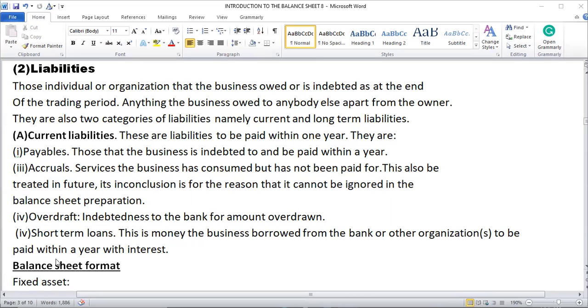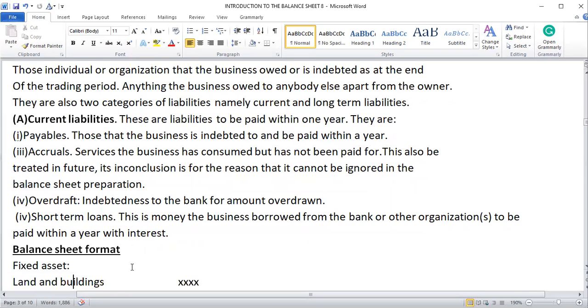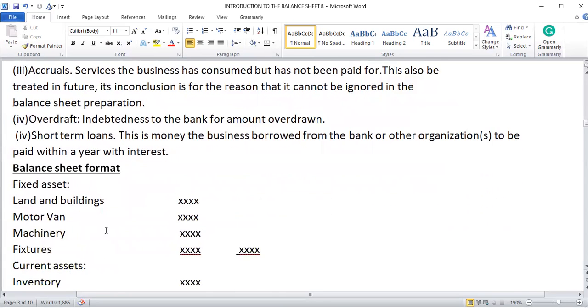Now let us look at the format of the balance sheet and include the liabilities. We've done the others, excluding the liabilities. So let us look at the balance sheet now with the inclusion of the liabilities. As I said, fixed assets are land and buildings, the amount involved, motor van, amount involved, machinery, amount involved.